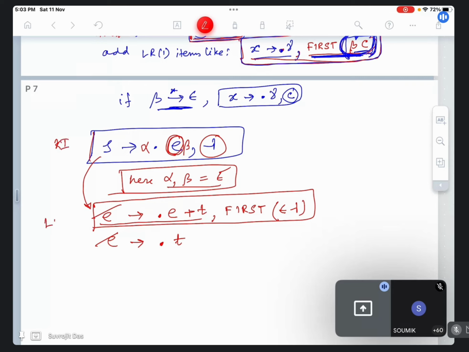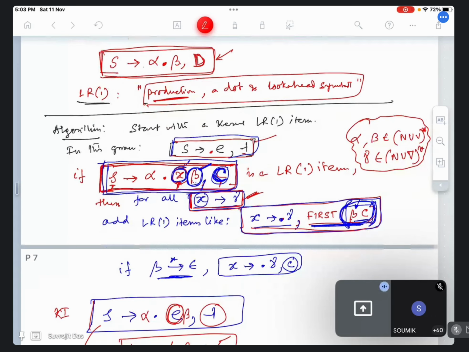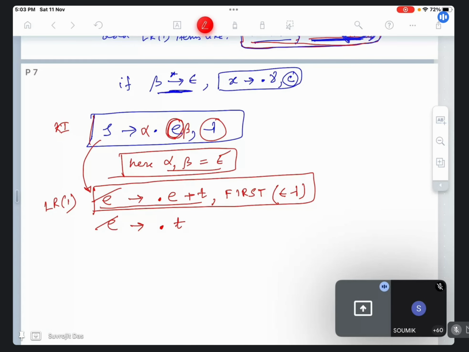So this is another LR1 item that I now have, and that LR1 item is talking about the production E goes to E plus T, a dot on the leftmost, and a look ahead symbol. And the look ahead symbol is the end marker of the string, right? Because first of epsilon followed by the end marker is the end marker. Okay, so you have this, and go on recursively finding out what else can be done.